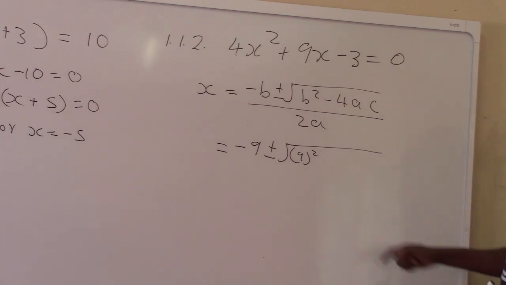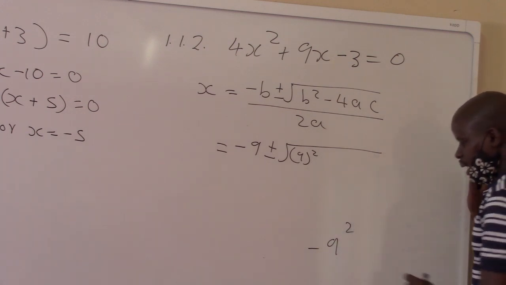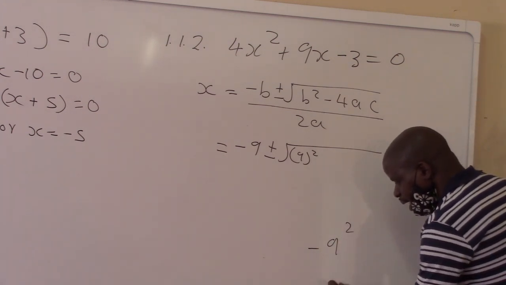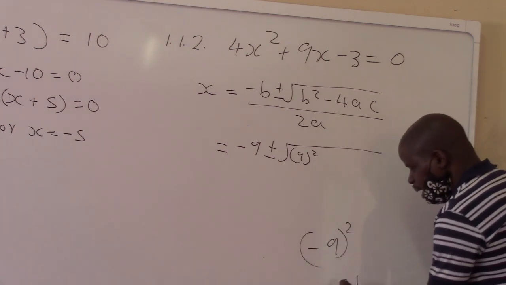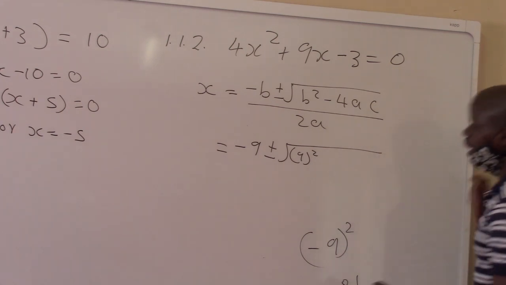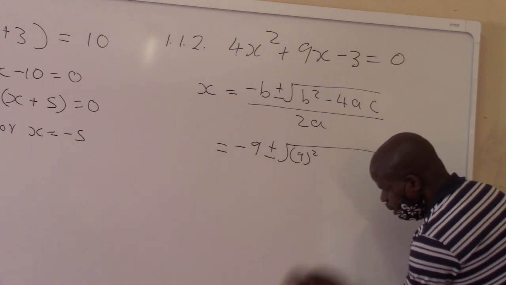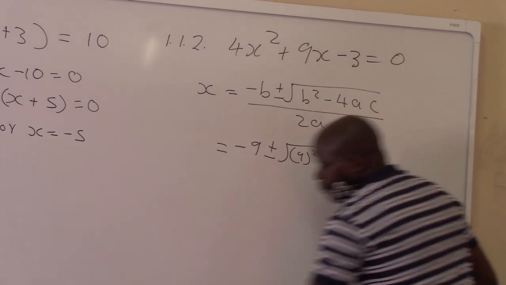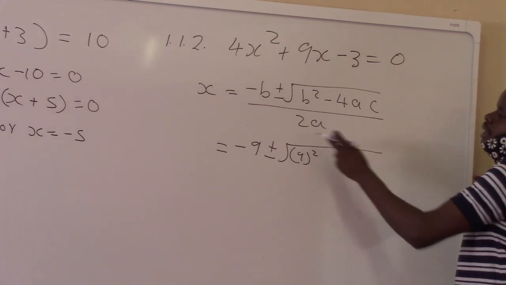If you write negative 9 squared, then your answer is going to be negative 81, which is wrong. But if you put it in brackets, it will give you positive 81, which is correct. That is why it's always advisable to write your b squared in brackets so that you don't calculate it wrongly.